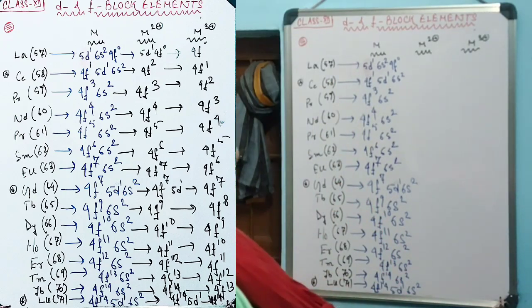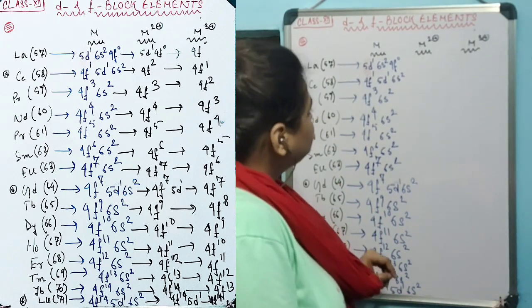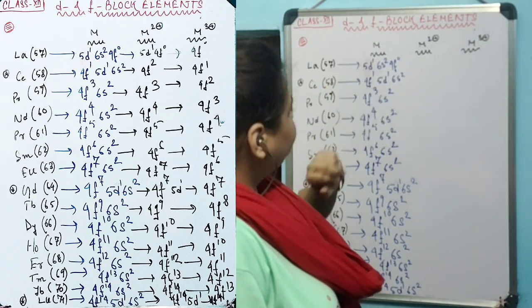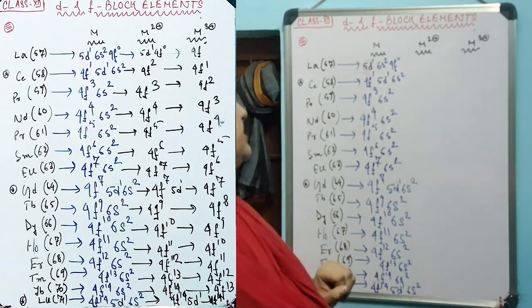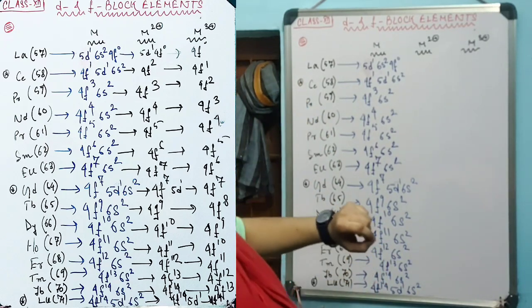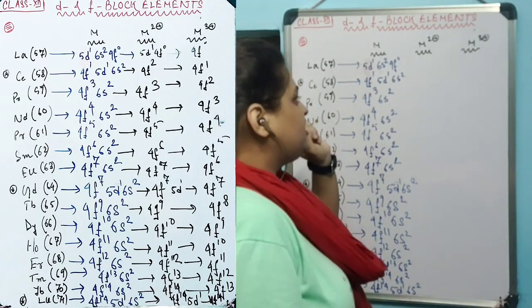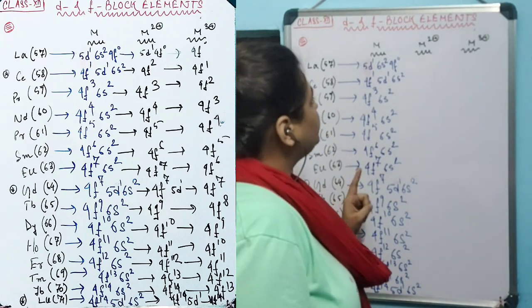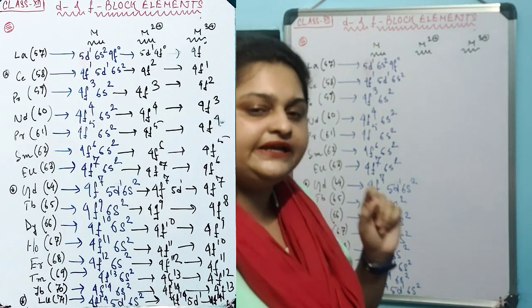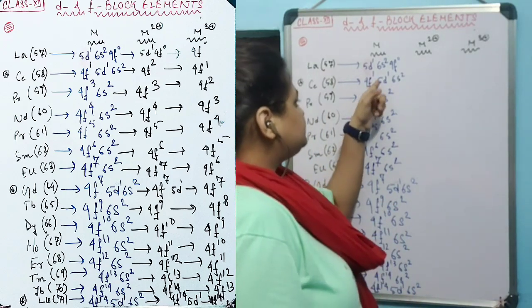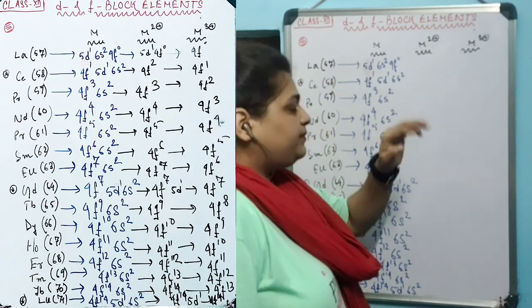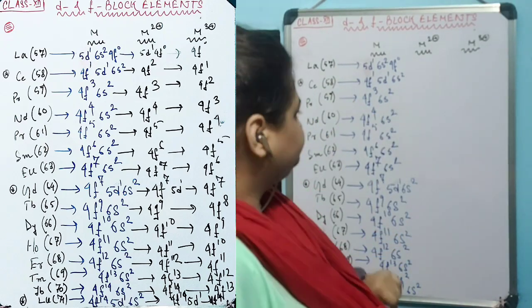Now why is this happening? Because for cerium, the first element in the series, the f orbital is going to have one electron in it and another electron is already present in 5d. That's why this 5d electron is there, because it is already present in the previous element, lanthanum.